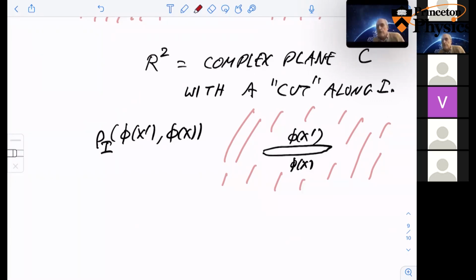Someone asked in the chat if I should elaborate on what I mean by scale invariance. Scale invariance means rescaling all lengths by a common factor. It's a special case of conformal invariance.